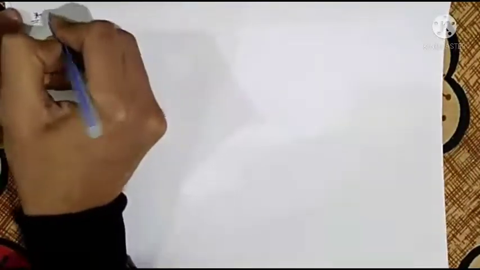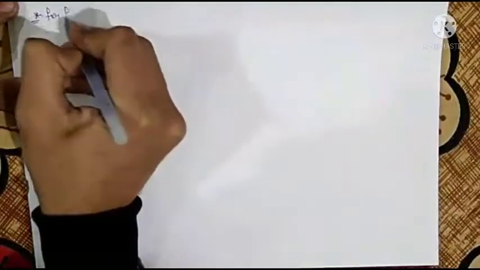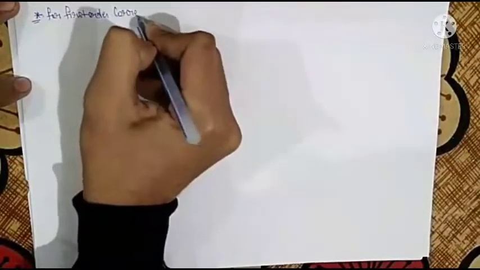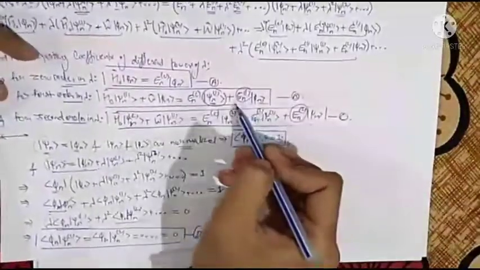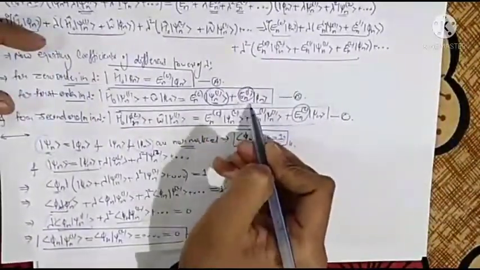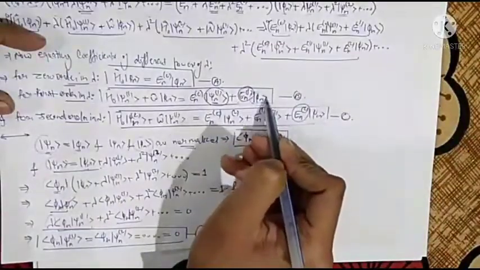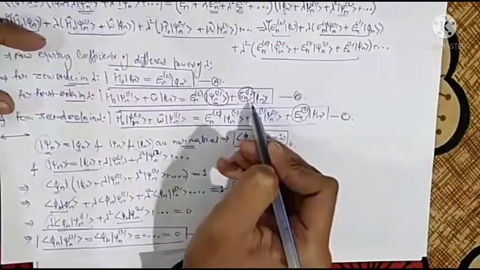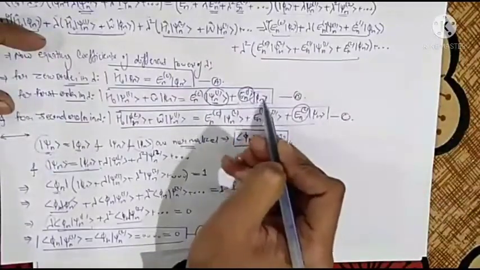Now for first order corrections, and we are taking first the energy. So in energy, we have this equation B. What we will do is multiply this term with bra phi n.